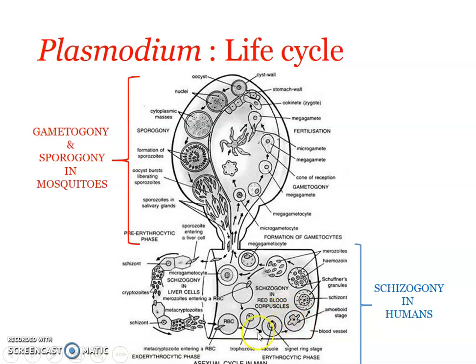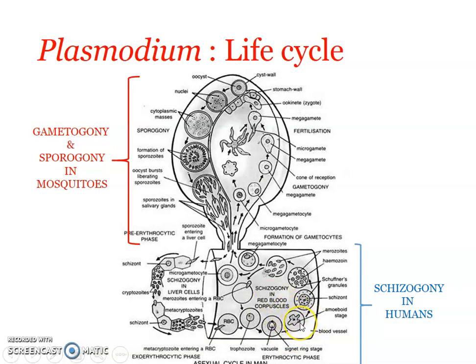Now what happens is the signet ring stage of the trophozoite will develop into an active amoeboid trophozoite. Okay, you can see here pseudopodia-like structures are formed, isn't it? So this is the amoeboid trophozoite, and at this time small red eosinophilic granules appear in the cytoplasm of the host corpuscle, that is the host RBC.